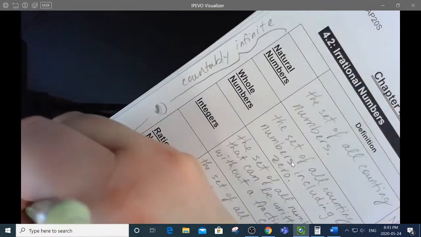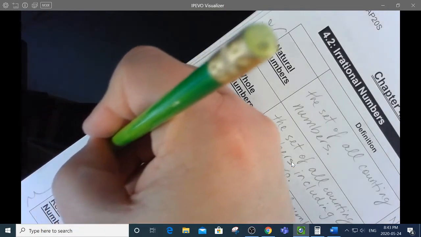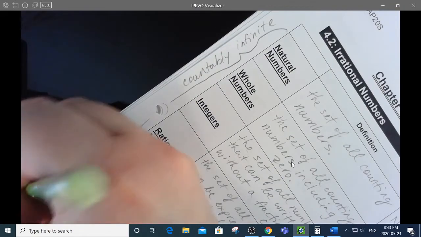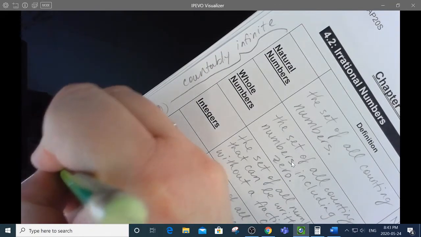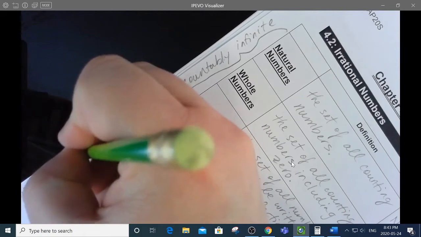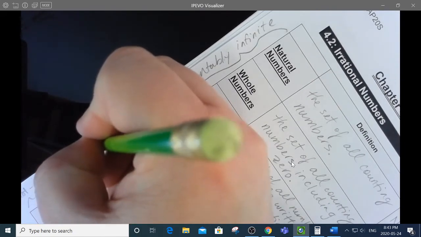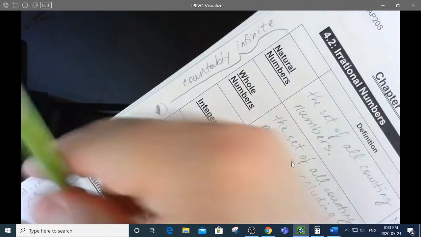These guys here are sort of different. They are not countably infinite.